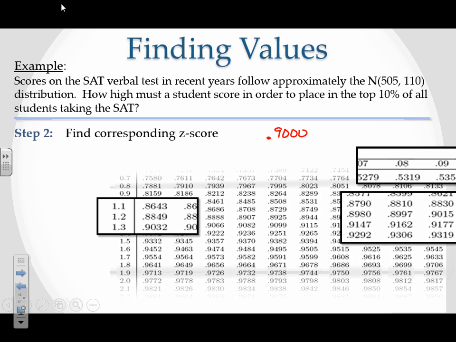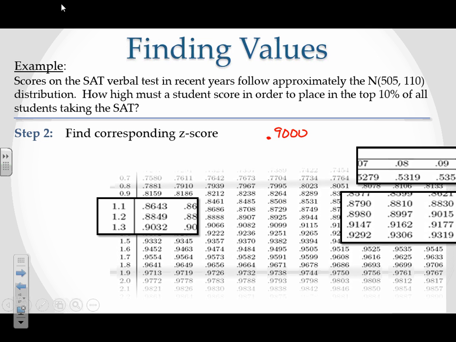When you follow it out to the left column, you get the start of your z-score of positive 1.2. Is everyone okay with that? So starting at the 0.8997, follow it up and left. So what z-score would give us 90%, or as close to 90% as we can get? 1.28.